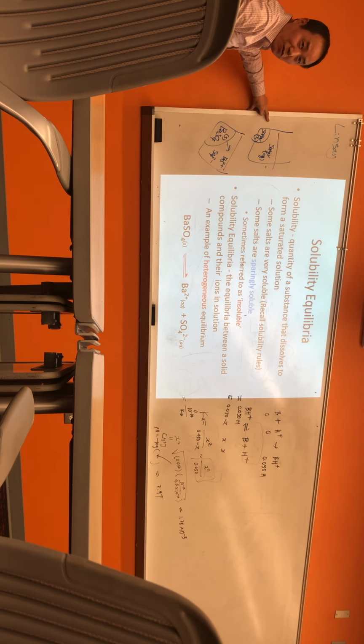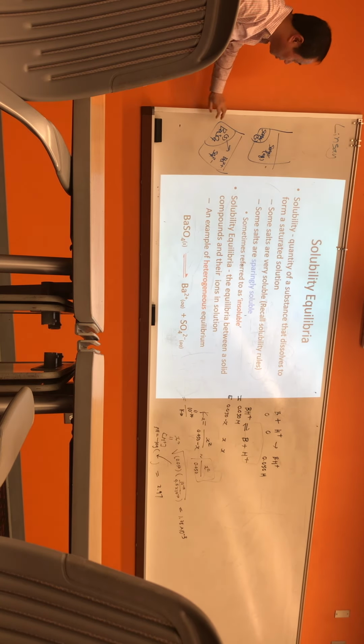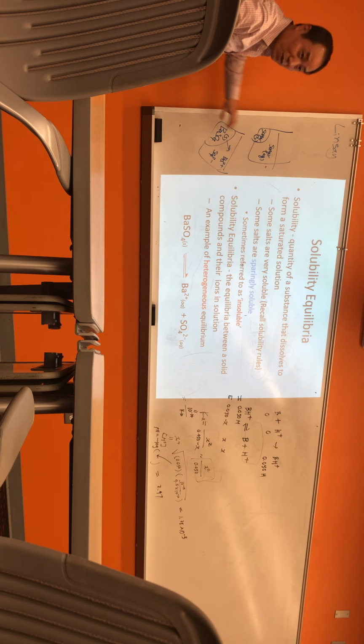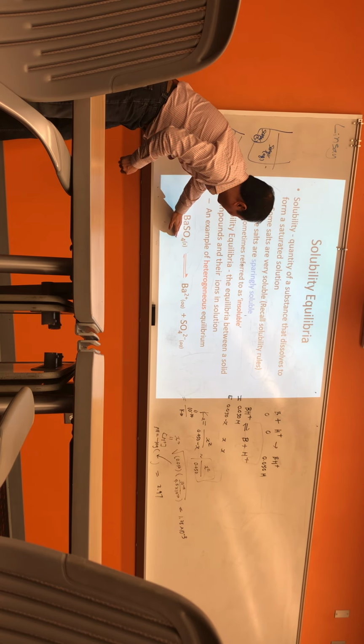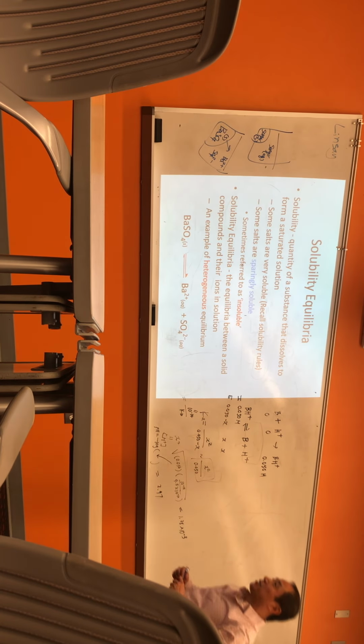But covalent compounds are boring in terms of solubility. We don't deal with them, you don't have to do much calculation. So we are focusing on this one. But that doesn't mean solubility is only for ionic compounds. It's for both.